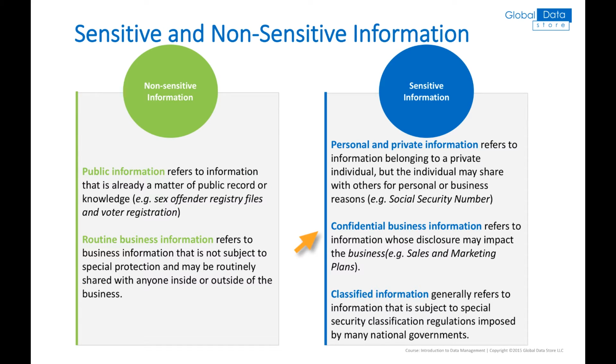Confidential business information refers to information whose disclosure may impact the business, for example, sales and marketing plans. Classified information generally refers to information that is subject to special security classification regulations imposed by many national governments.